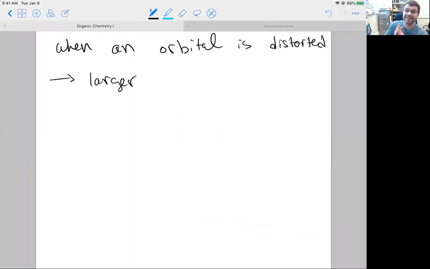In this class, we're going to focus on connections, covalent bonds between two atoms. And so we're, for the most part, only going to see this sort of thing happen when we have a distortion. That is, we're going to have a larger region and a smaller region. Sorry to make you erase.